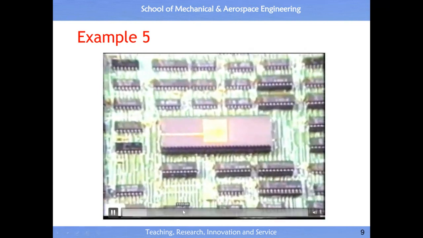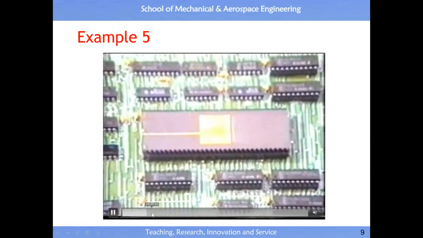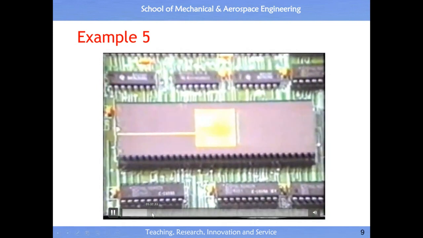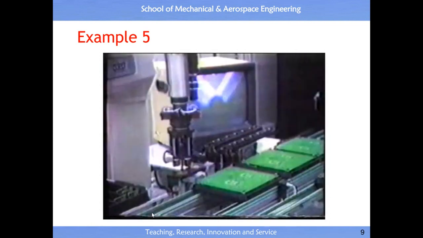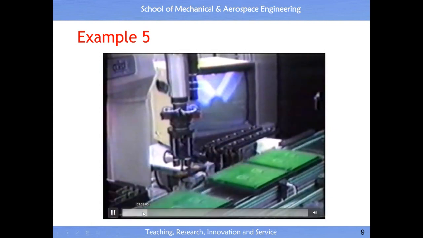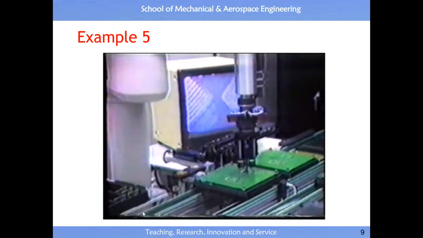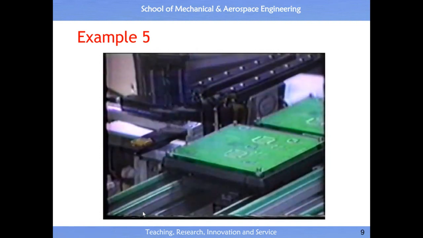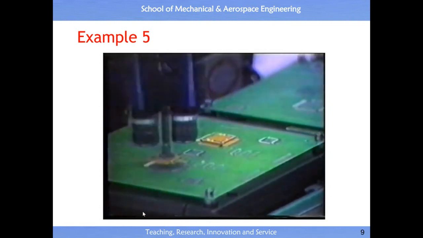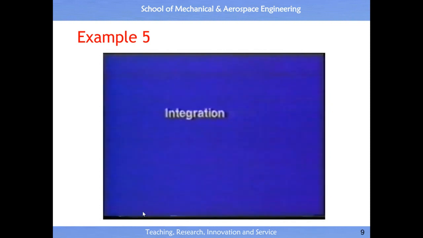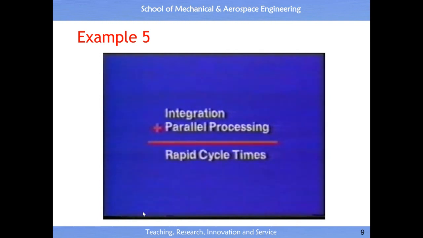Also, Adept Vision has its own dedicated Motorola 68000 microprocessor, so that vision data and robot data are processed in parallel. That means the robot continues its cycle while vision data is being processed. And when the robot reaches its destination, it can respond immediately to the vision information. Adept Vision's integrated communications and parallel processing provide timely information while maintaining rapid cycle times.